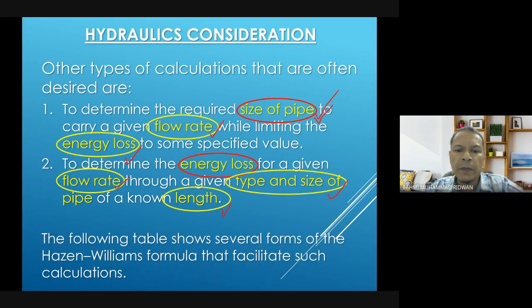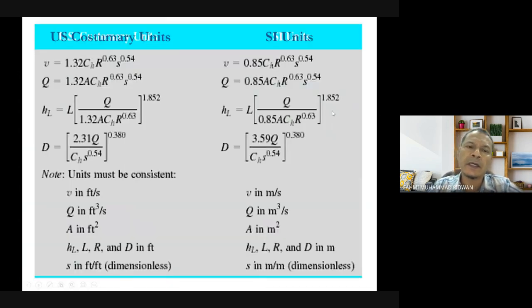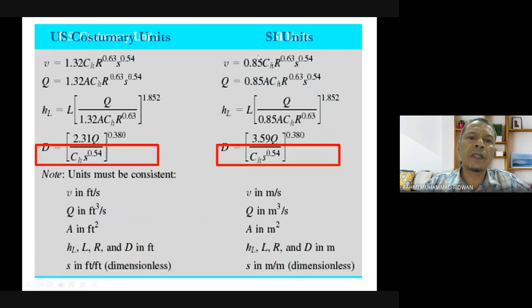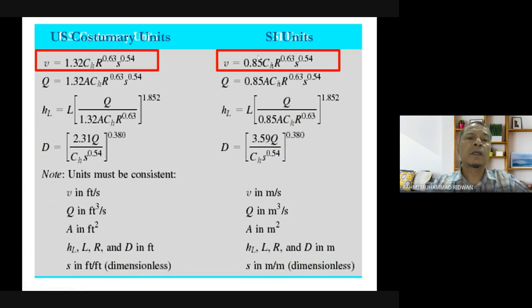The following table shows several forms of the Hazen-Williams formulas. You can see here, let's say, if you are going to determine the velocity in US customary unit, we use this formula. Velocity in SI unit, we use this formula.